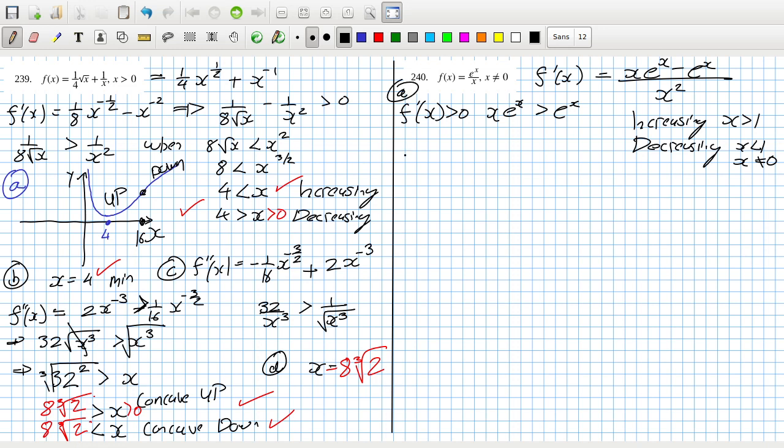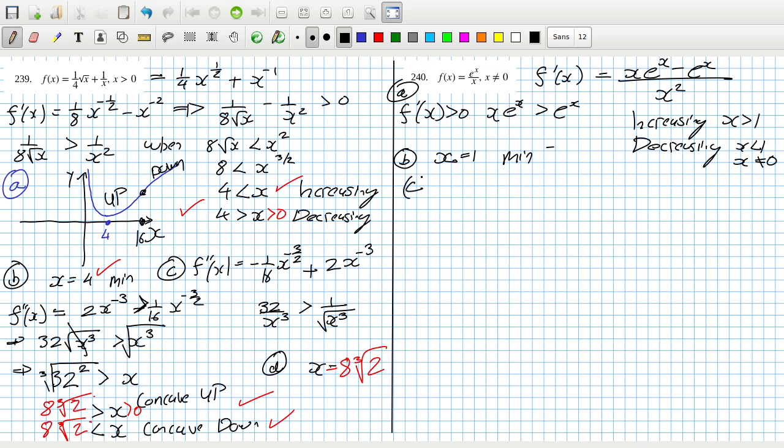Okay. B is stationary point. So that is when x is 1 and it's a minimum.